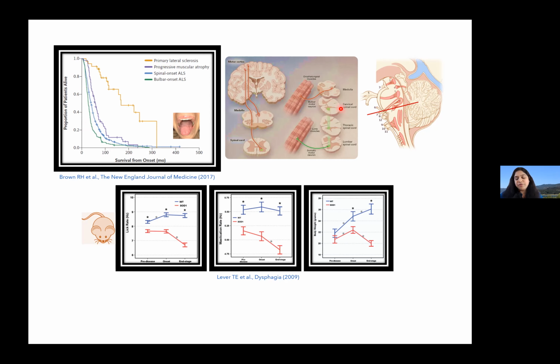So we focused on this area of the brain, which is called the brainstem, which houses these motor neurons that are controlling the jaw muscles. Also, supporting these ideas, in the transgenic mouse model of ALS, it has been shown that even before symptom onset, there are several problems with oral function, like the animal is not able to lick as well, or chew as well.